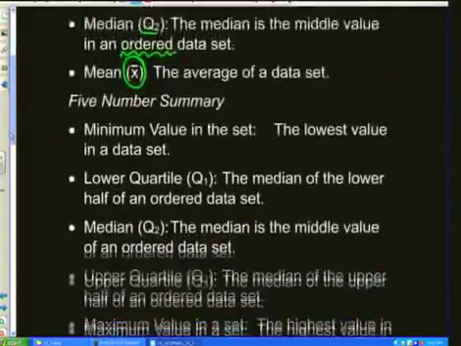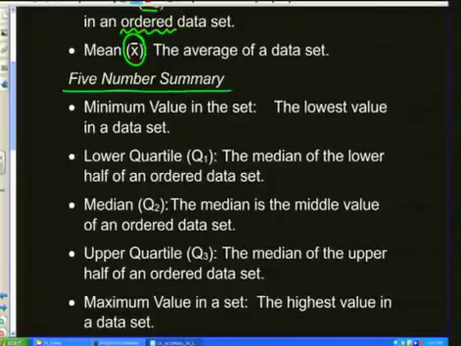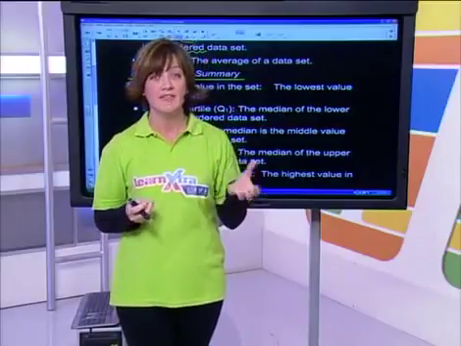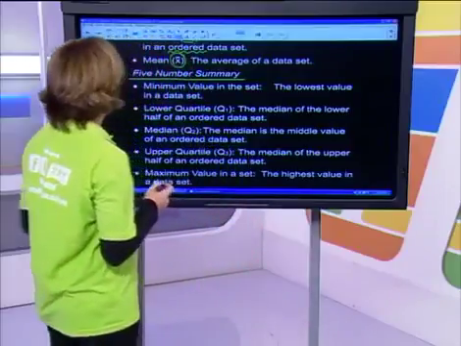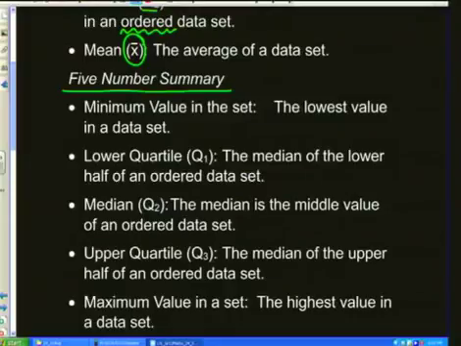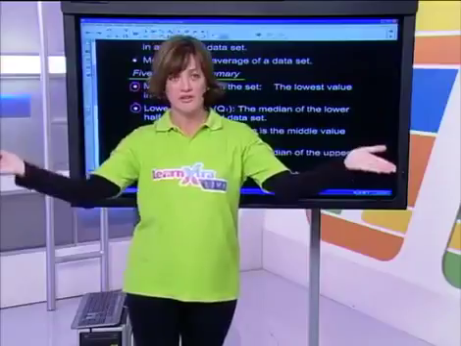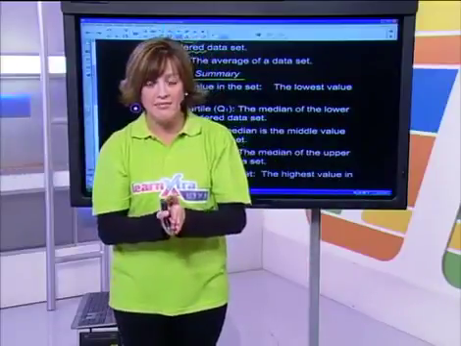So that is our measures of central tendency. 5-number summary. I hope that the second you see that 5-number summary, what jumps to your mind is box and whisker plots. Remember that in order to do a box and whisker plot, you need to first have that 5-number summary. Your 5-number summary consists of the following. You need the minimum value in your data set. You need your lower quartile. If you've got a set of ordered data, you've got your lowest number, your highest number, and the middle number, that's your median, which we call Q2.